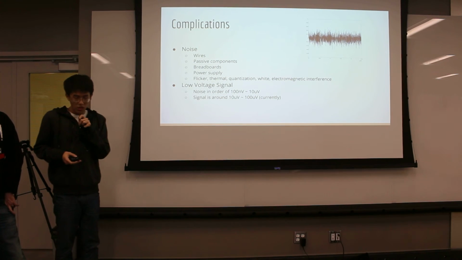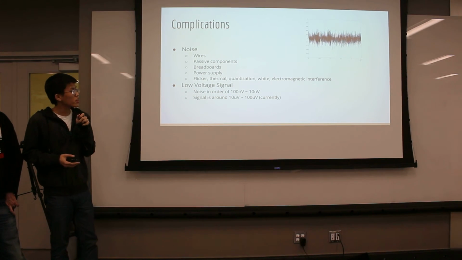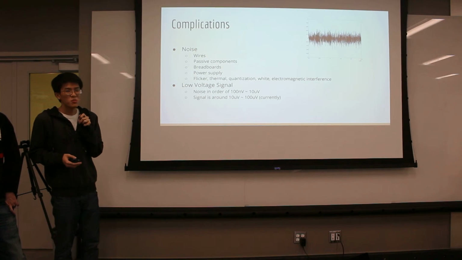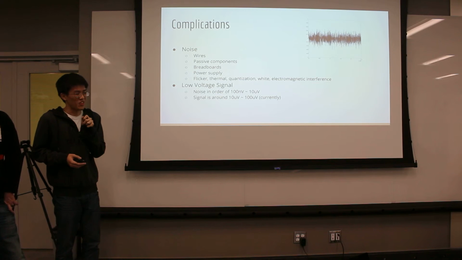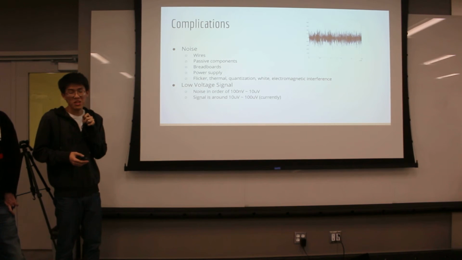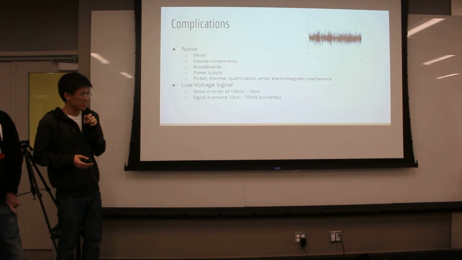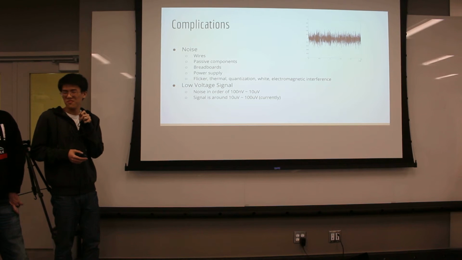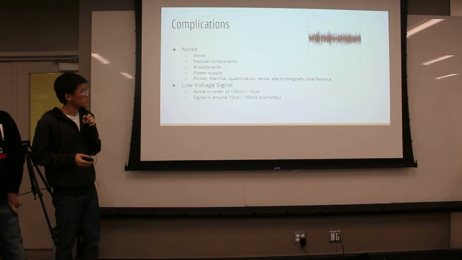Okay, so some of the complications we faced when making this test setup was we have a lot of wires for our current setup. That causes a lot of inductance, as well as we're using quite a bit of protoboard, which means a lot more parasitic capacitance, and a lot of misconnections and thermal noise from the resistors.